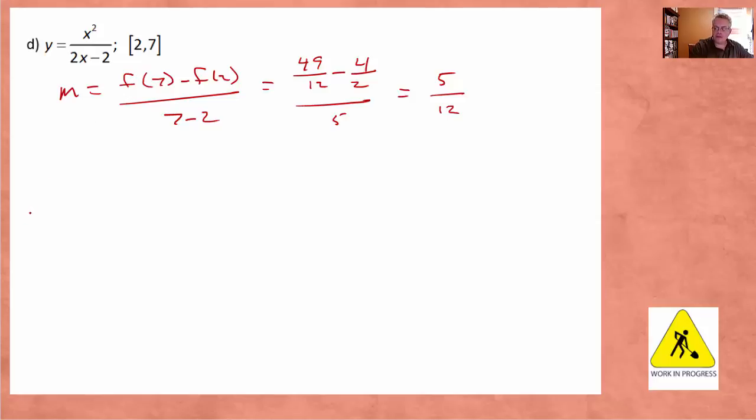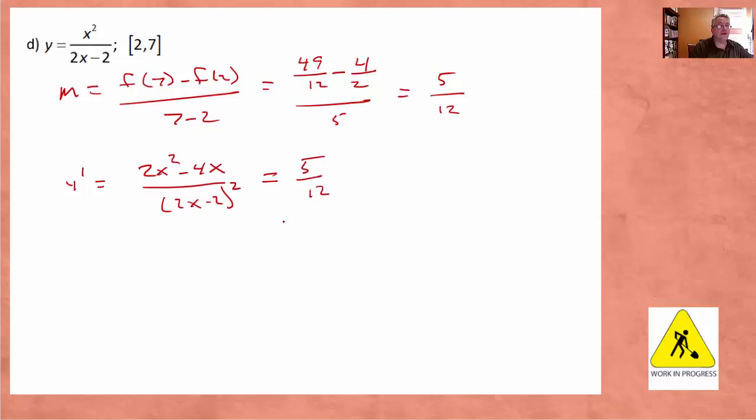If we take the derivative, you're going to find y prime equals 2x squared minus 4x over (2x minus 2) squared. You can use, as I said, your TI-89 or just apply the quotient rule, and we want this to equal 5 twelfths.